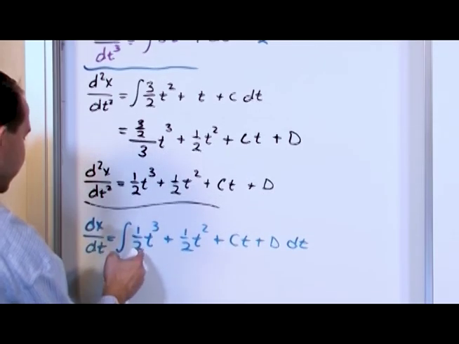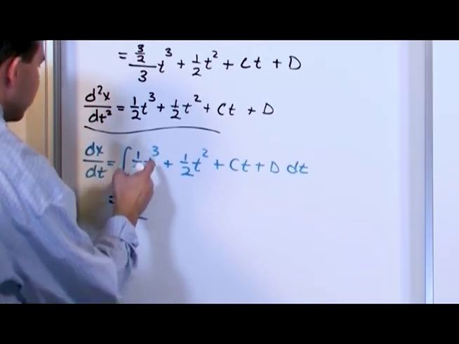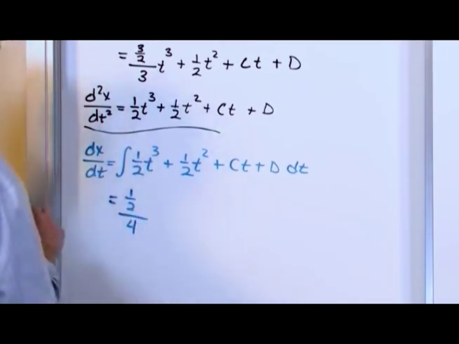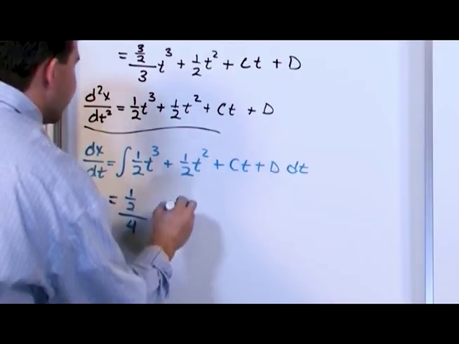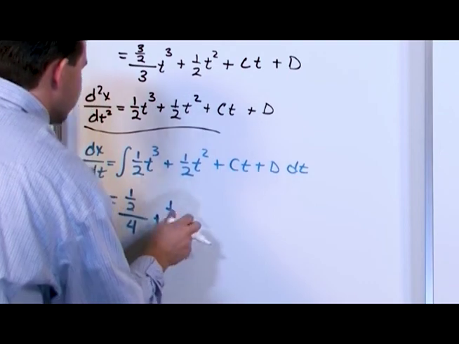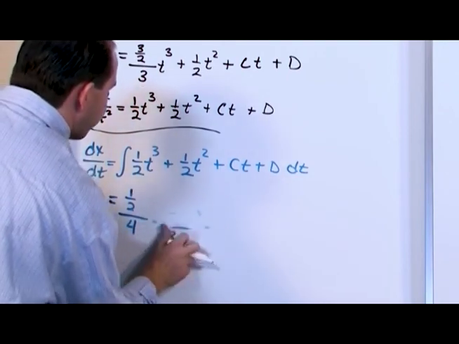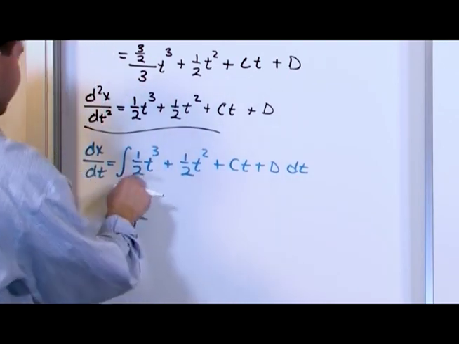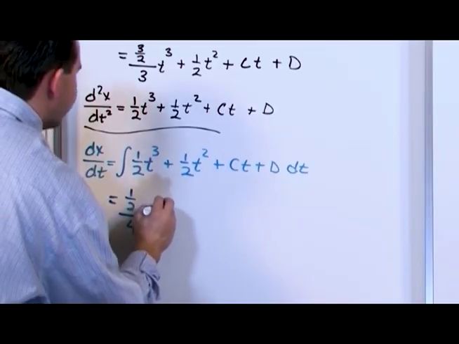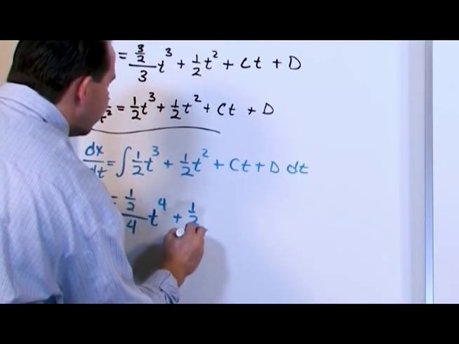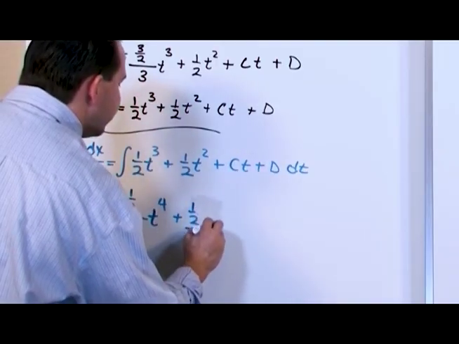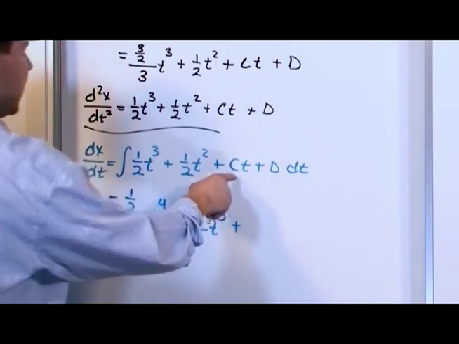So we have out here 1/2 over 1 plus this is going to give me 4. Whoops, I forgot something here. I have this guy, and then I have t to the power of 4, and then I have 1/2 over this guy, which is 3. 1 plus that is 3, and then a t to the third power.